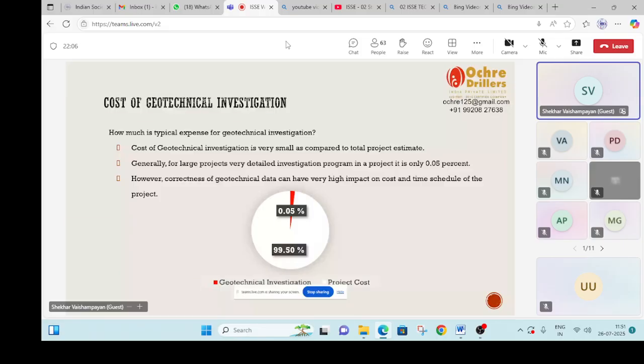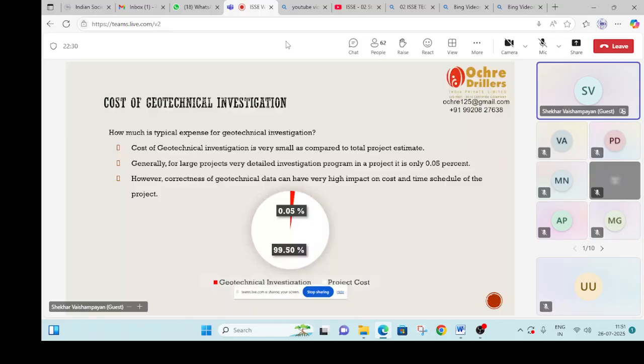But if the data is not correct, then it has a very high impact on cost. So when you are selecting a geotechnical investigation agency, make sure in your field, when you decide to go, ask for a reliable geotechnical investigation contractor. The person should be reliable, reputed. Make sure that his work is supervised.